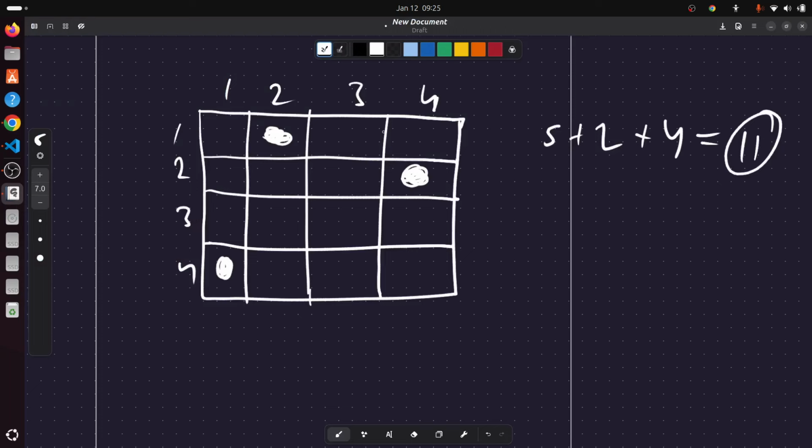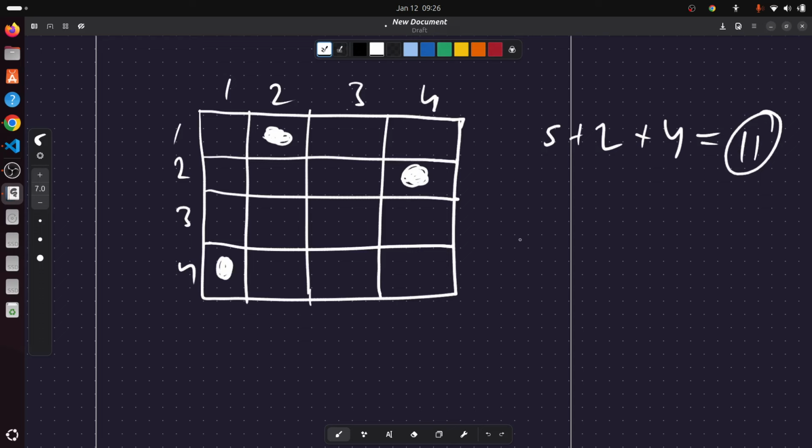And as you can see that for each row and column, the number of stones in column 1 is equal to number of stones in row 1, that is 1. Then number of stones in column 2 is 1, and row 2 also it is only 1 stone. Then column 3 is empty, row 3 is also empty, and column 4 has 1 stone, and row 4 also has 1 stone.